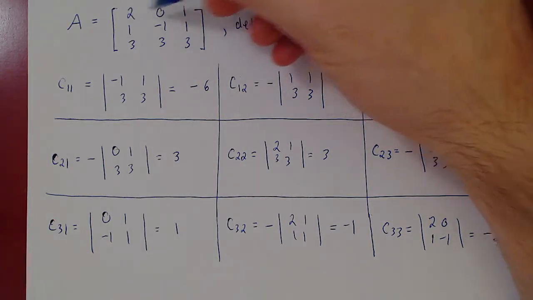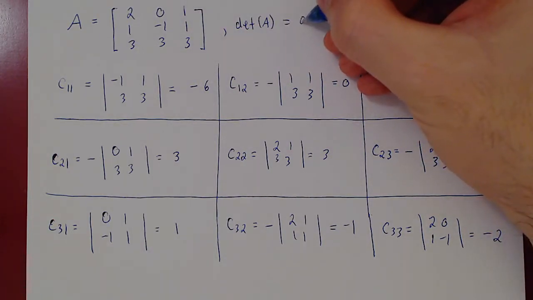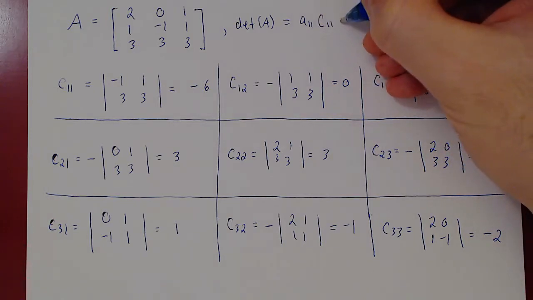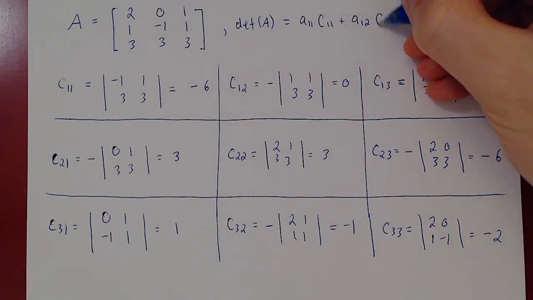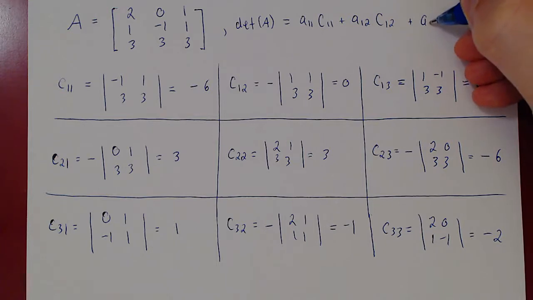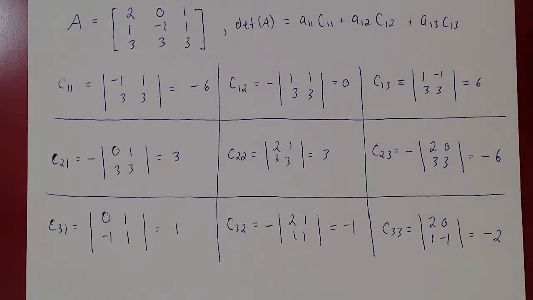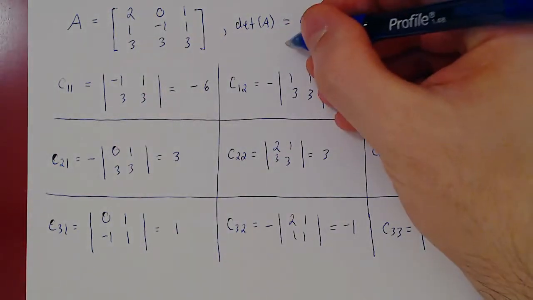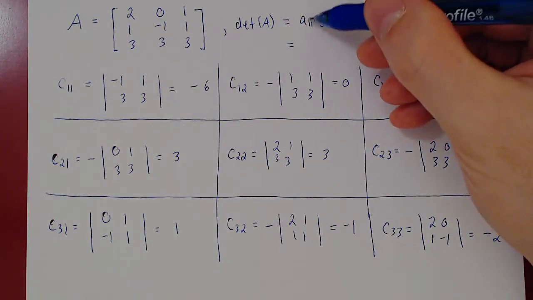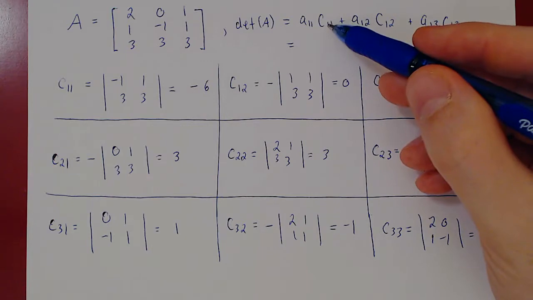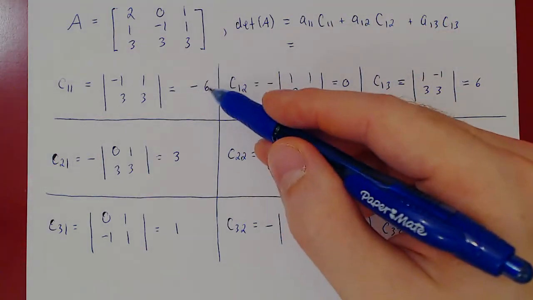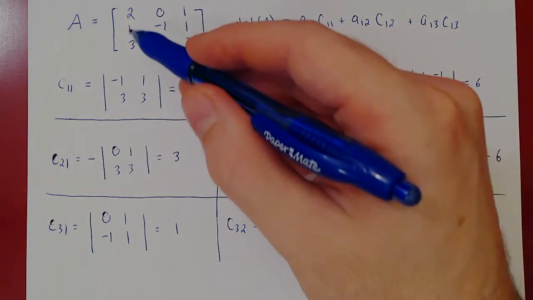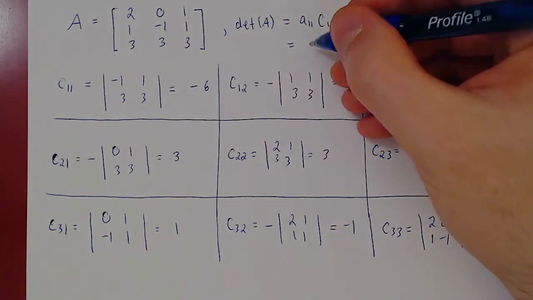Let's use row 1. So this would be A11 times its cofactor, plus A12 times its cofactor, plus A13 times its cofactor. So we have used cofactor expansion along the first row, and now we have everything. A11 is 2 times C11, which is negative 6. So 2 times negative 6 is negative 12.